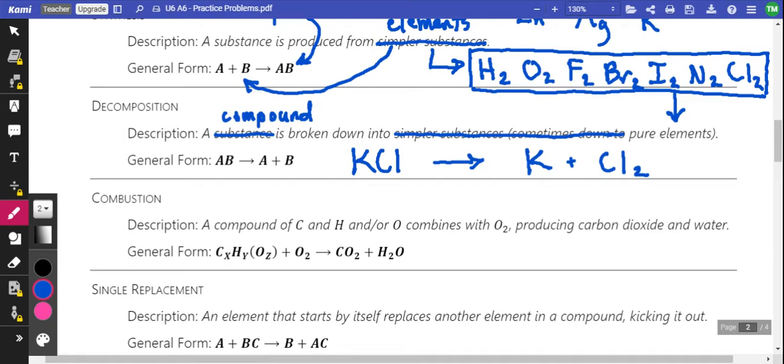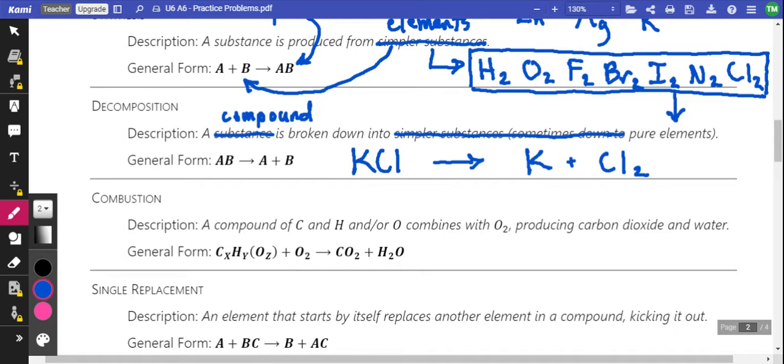The balancing is going to be different depending on how your reaction goes, but the products are still always going to be some number of CO2s and H2Os. So if you have the products CO2 and H2O, then that's a pretty dead giveaway, that's a combustion reaction. But if you're only dealing with the reactants, the other giveaway is I have C's and H's, maybe some O's, reacting with O2. That makes it a combustion reaction.